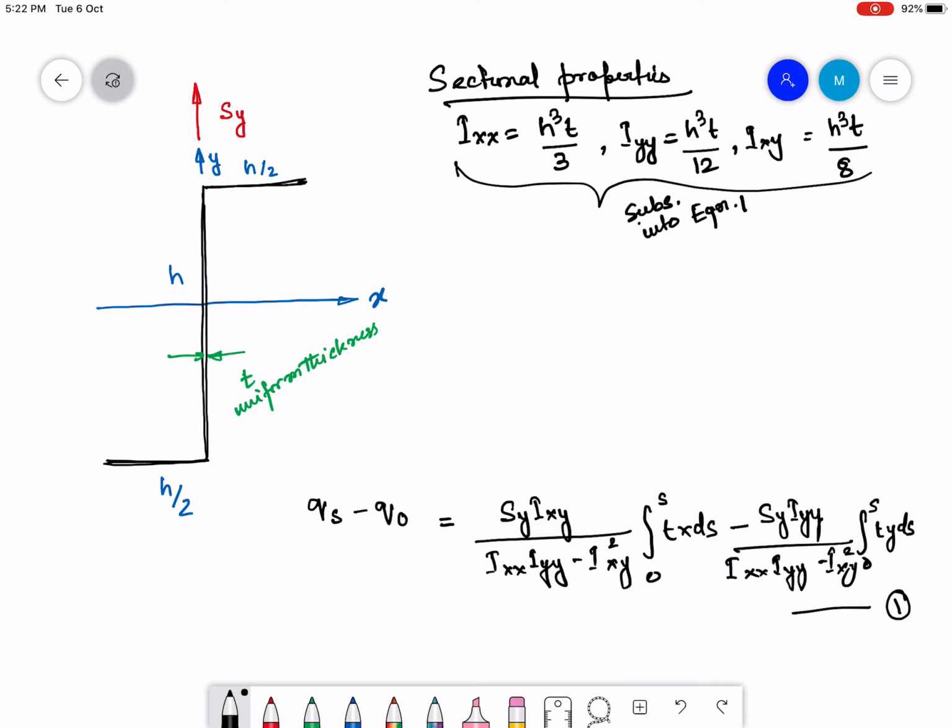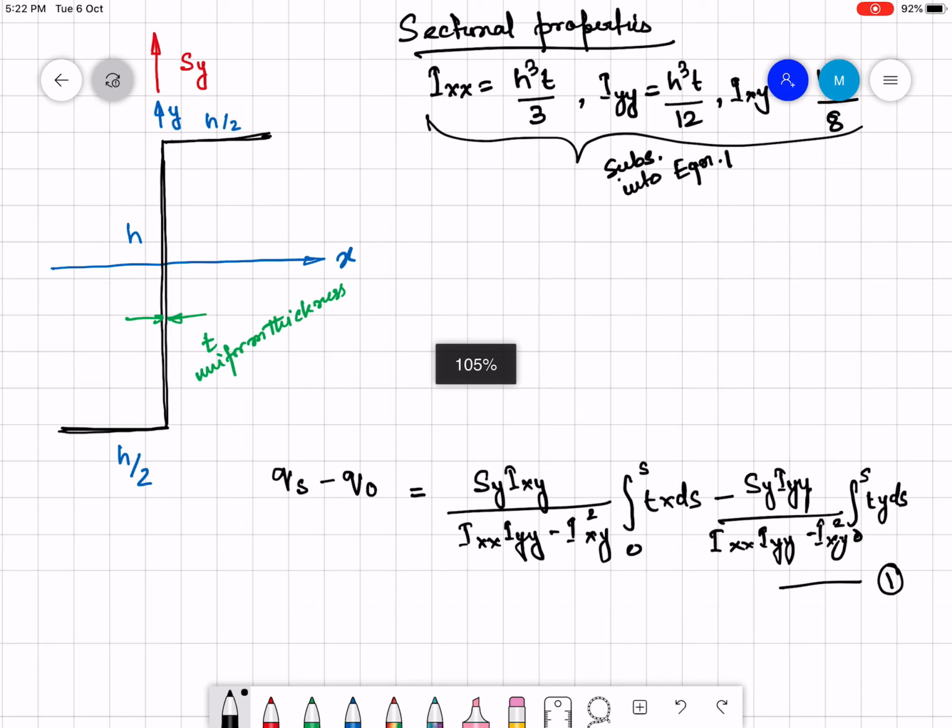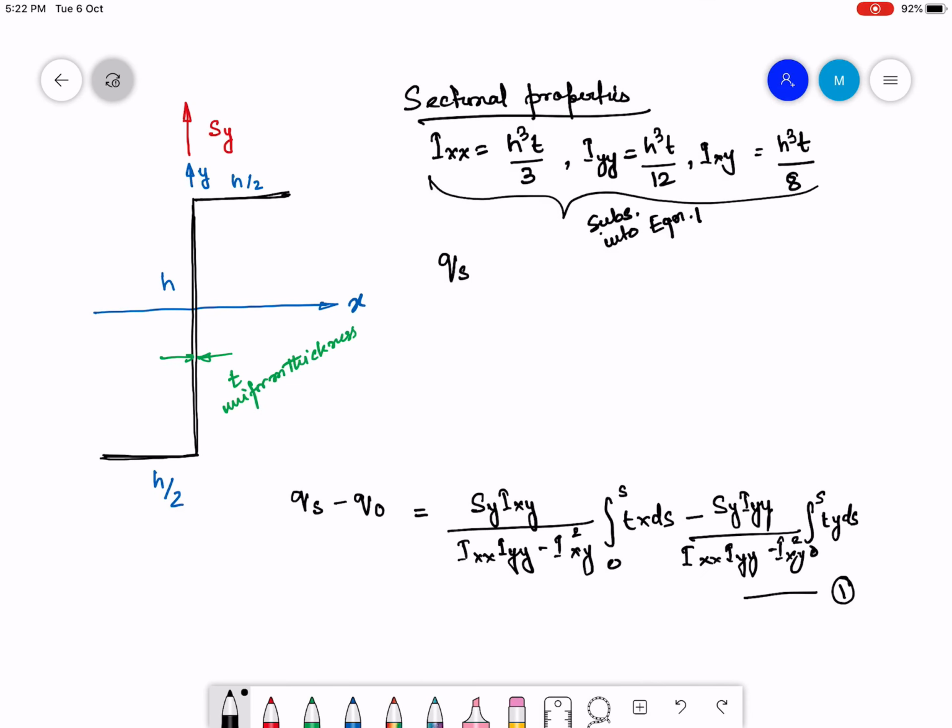and do the calculation, it looks somewhat like this. Qs minus Q0 is going to be Sy by h cube times the integral from 0 to s of 10.32x minus 6.84y into ds.